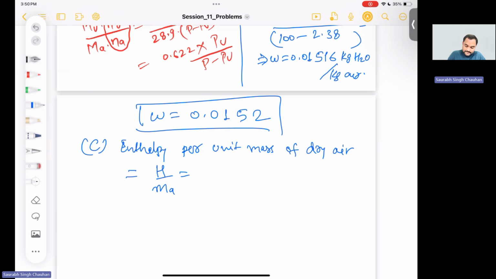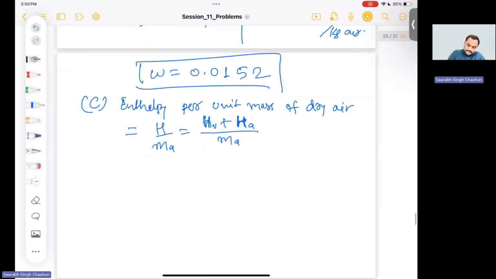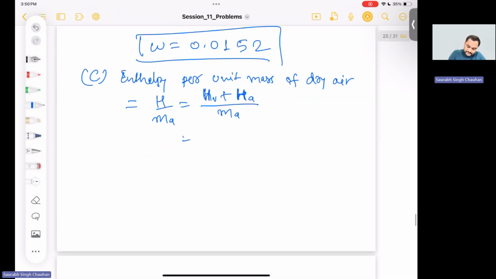The total enthalpy will be enthalpy of water vapor plus enthalpy of dry air, divided by mass of dry air, per unit mass of dry air.